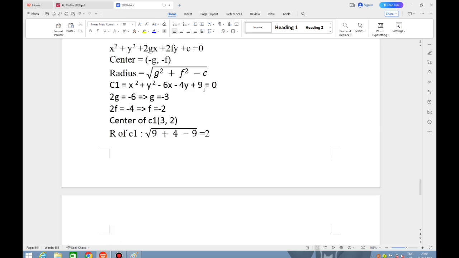What I mean by that is the center of circle 1, as we calculated here, was 3, 2, that's x equal to 3 and y equal to 2.